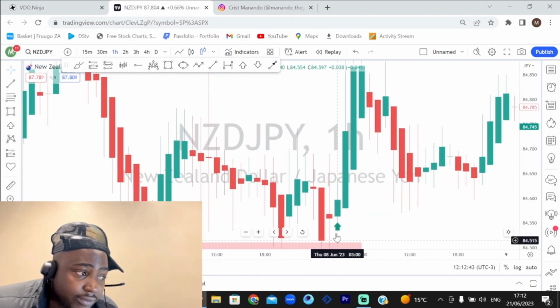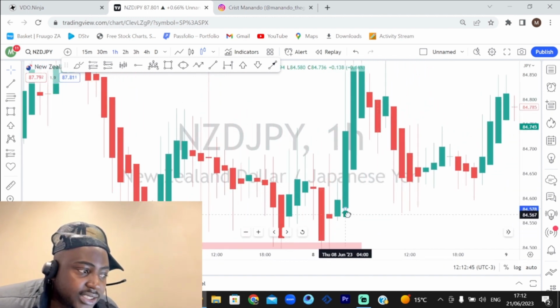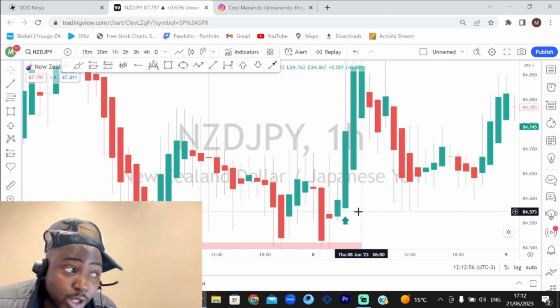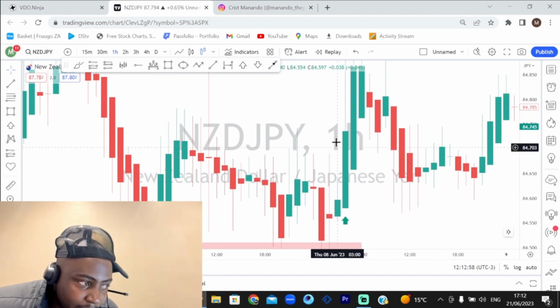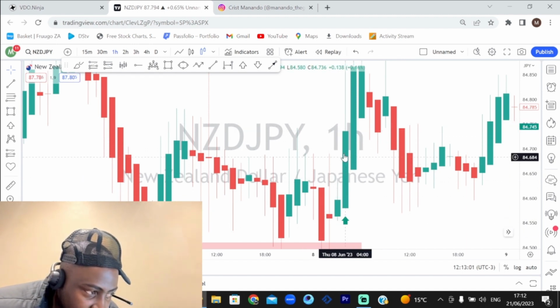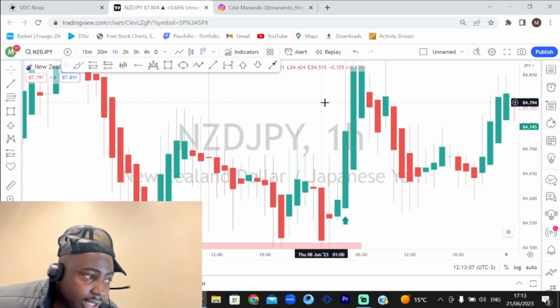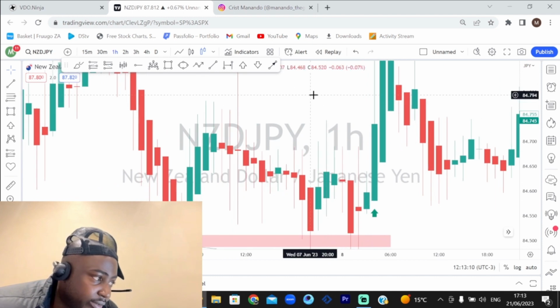But then look at the following one. Huge, massive, big, and it has no wick at the bottom, which shows me this one has momentum, brother. This one is probably the one, right? Okay, cool. What I wait for is the candlestick to close, and open right after the close.